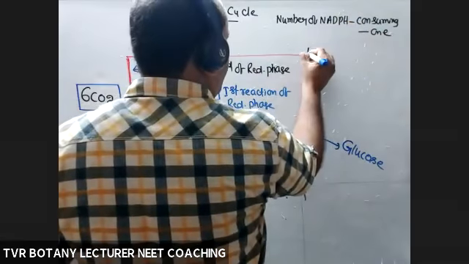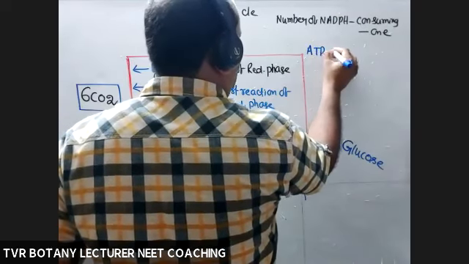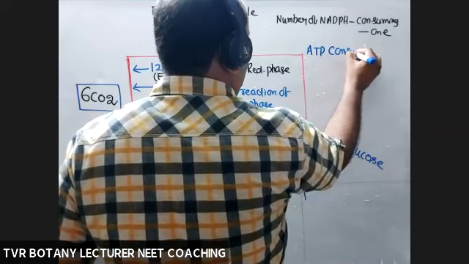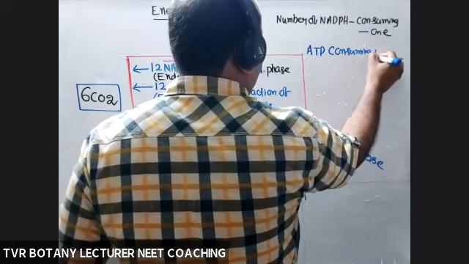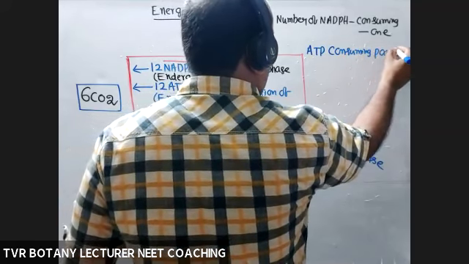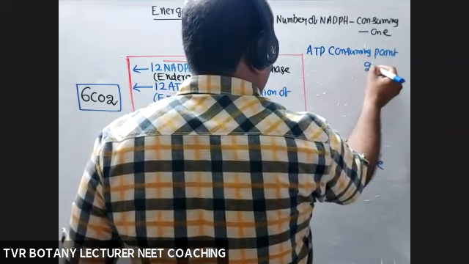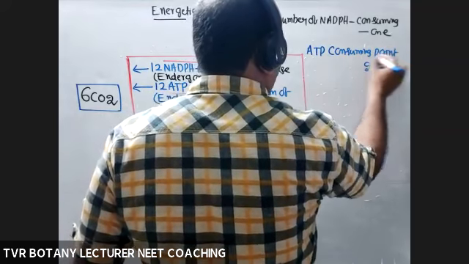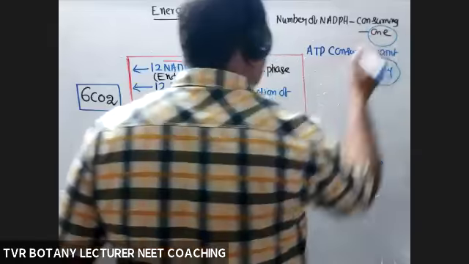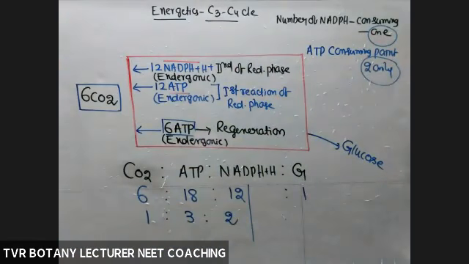Next, ATP consuming or utilizing points. How many? 2 only. 1 only, 2 only. Right? So to reduce 6 CO2 into 1 glucose molecule, that much assimilatory power is required.